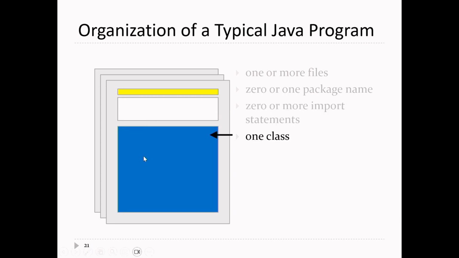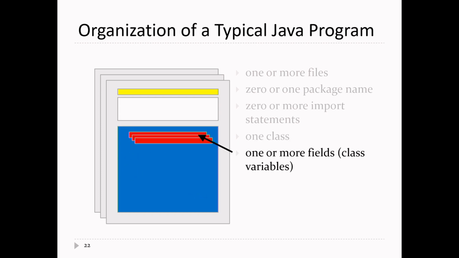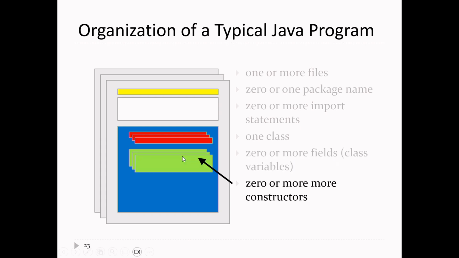And then in the simplest type of Java file, there's one class. Inside that class are the variables that are part of your class. In Java, these are called fields, or class variables. Every class is allowed to have 0 or more constructors.